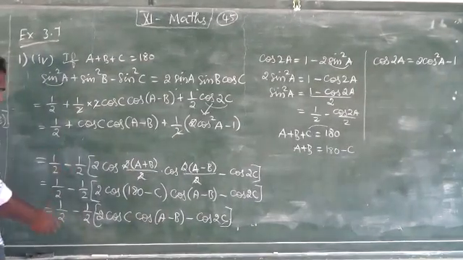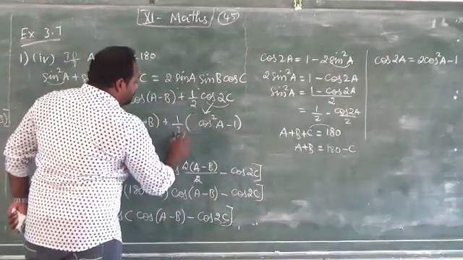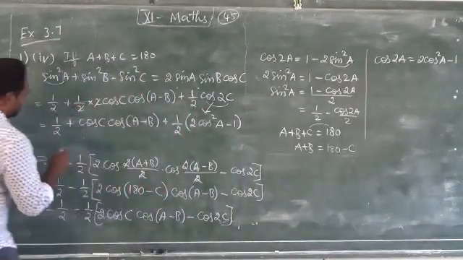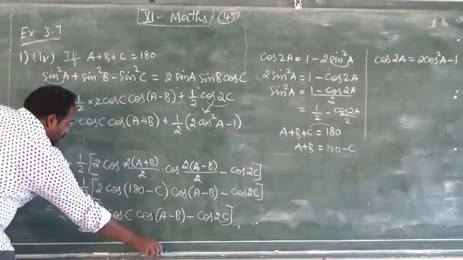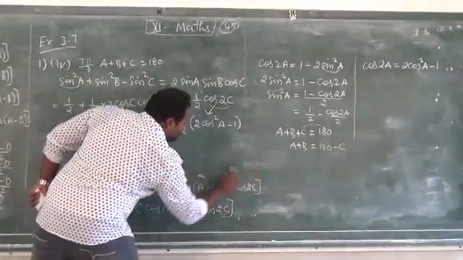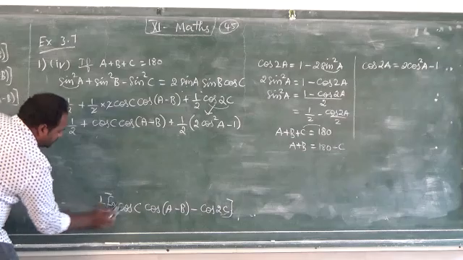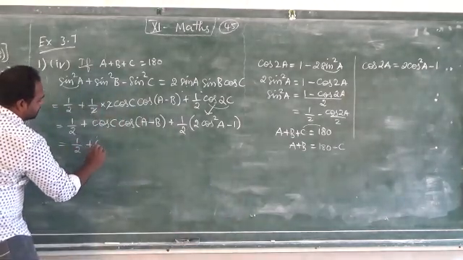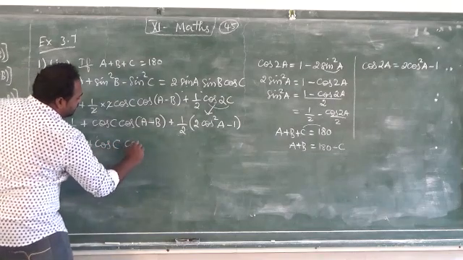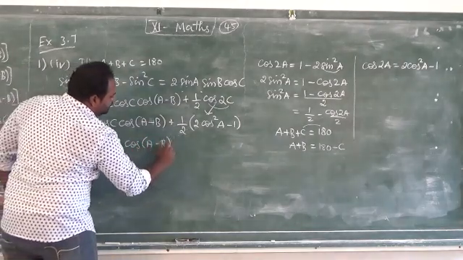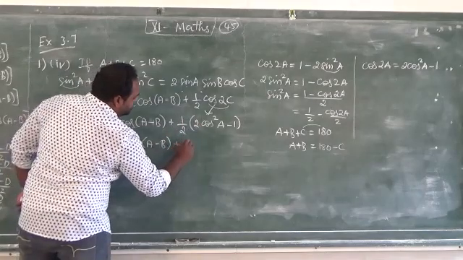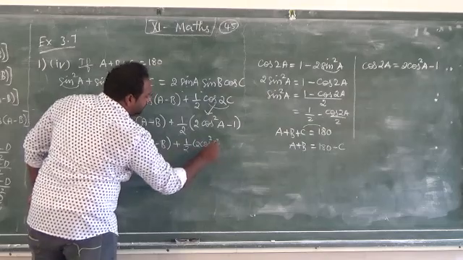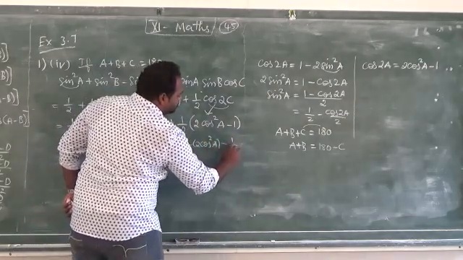Then here you just multiply inside and then cancel it. Then see here 1 by 2 as it is, cos C cos of A minus B, multiply inside the bracket 1 by 2 into 2 cos square A, then 1 by 2 into minus 1 by 2.